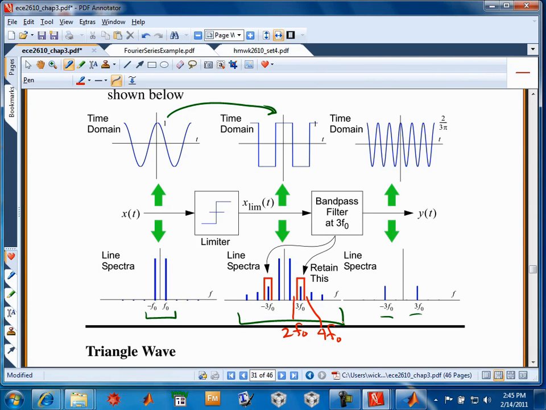Now, what do you think a real limiting circuit's going to do, though? We're going to see a little bit later that perfect suppression of second and fourth harmonics is generally not possible, and we're going to look at some math behind that a little bit later that has to do with the duty cycle. It turns out if the duty cycle of the waveform is not exactly 50%, then those even harmonics start to creep in.